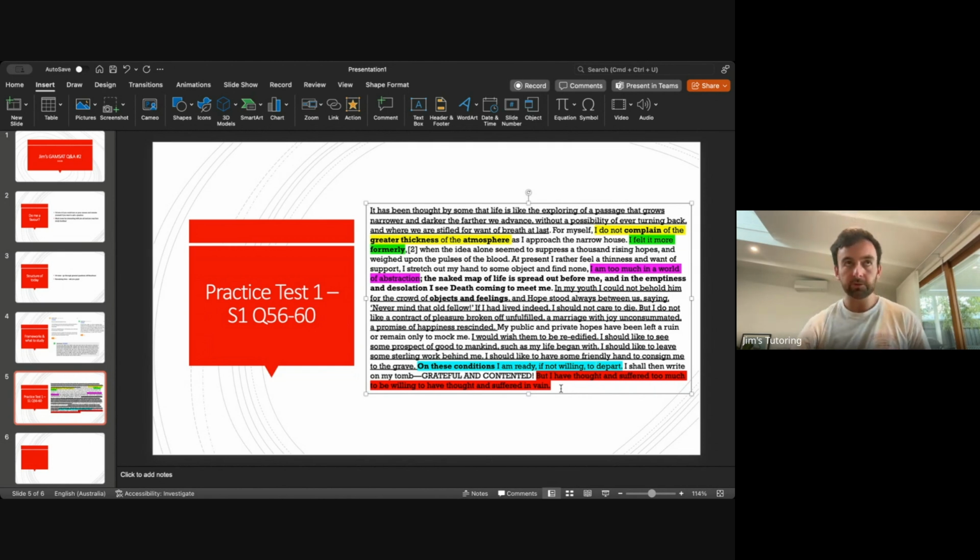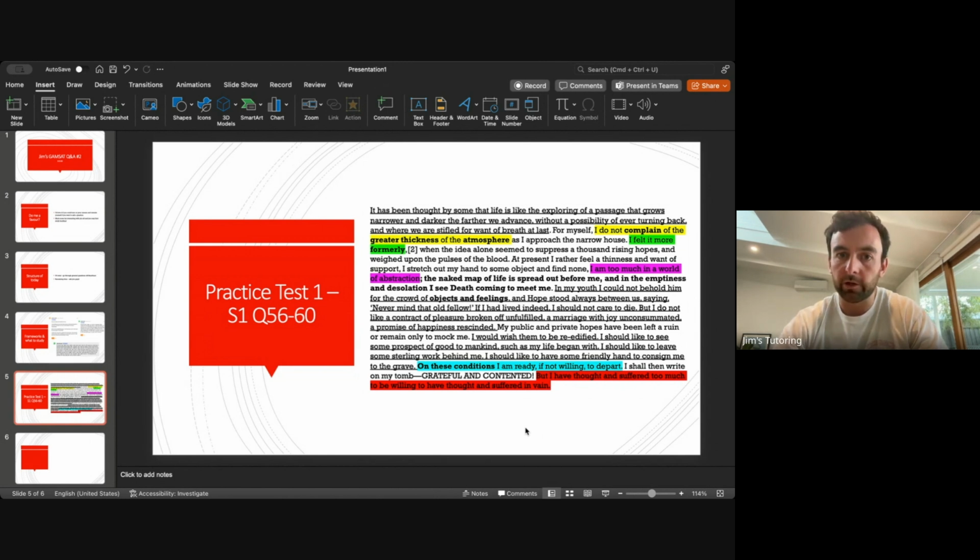So yeah, I hope that was helpful. I thought it would be interesting to go through a section 1 question, because I really do believe that the process to approaching them is very, very similar. That is about understanding what the question's about, understanding what information you have, and understanding how you can use that information to draw conclusions about the question they're asking.